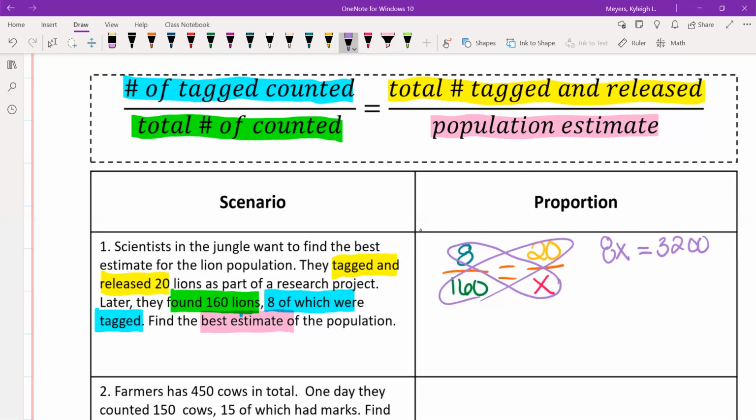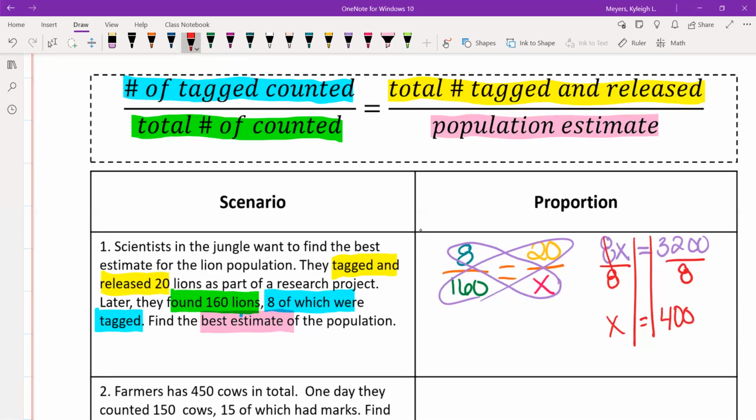And then we solve it like an equation. So we divide by 8. Do 3,200 divided by 8. That gives us 400, right?